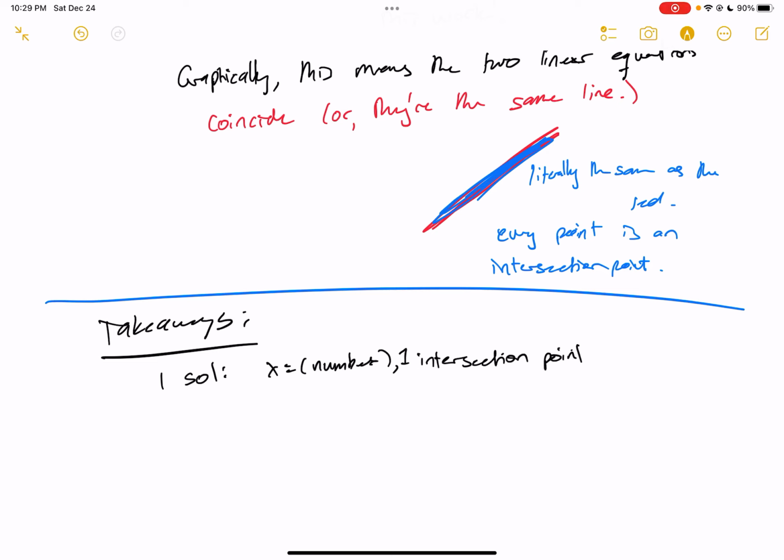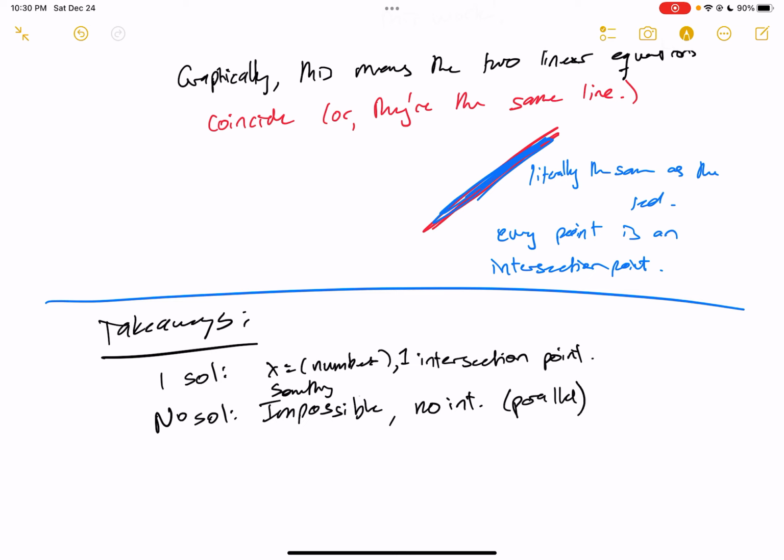No solutions, we get something impossible, typically 0 equals a number that's definitely not 0. And here we have no intersection, parallel lines.